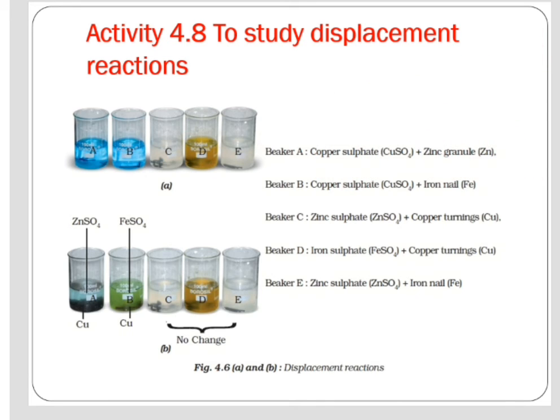And beaker B: iron replaces copper from the copper sulfate solution to form iron sulfate. A red powdery mass of copper settles on the iron nails. Equation: copper sulfate plus iron reacts to give iron sulfate plus copper.